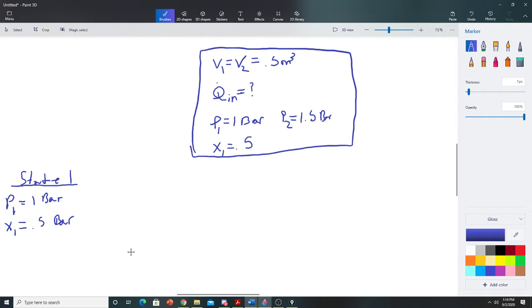So do you guys think we can find everything else with these two right here? At state 1, I mean, not state 2, but state 1. What is the rule? The rule is that you need 2.